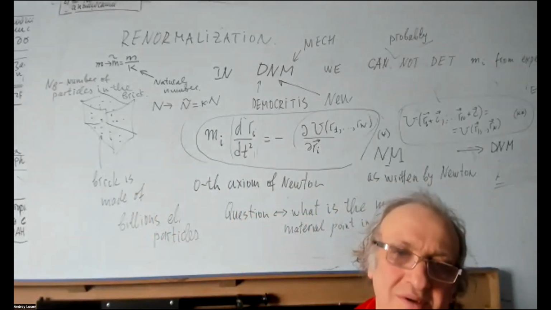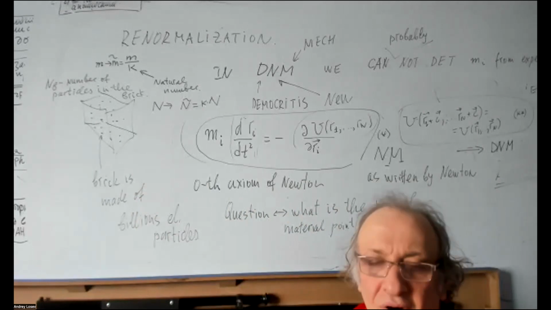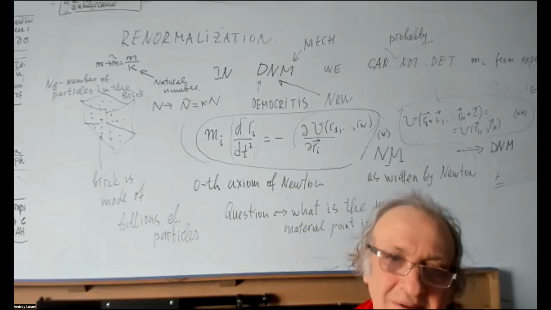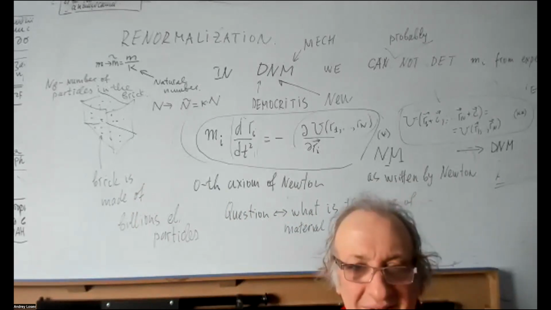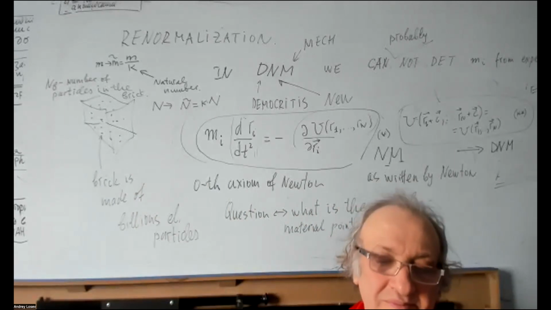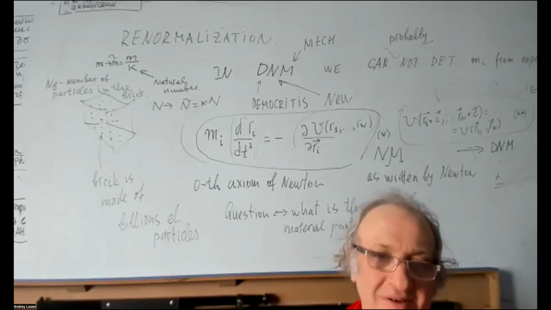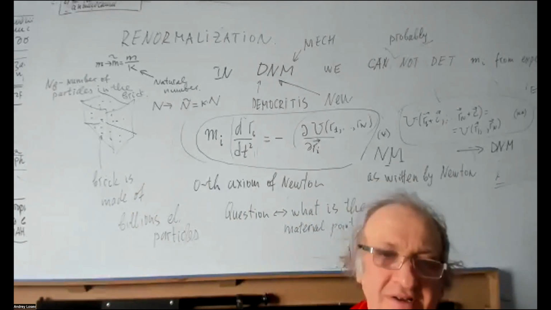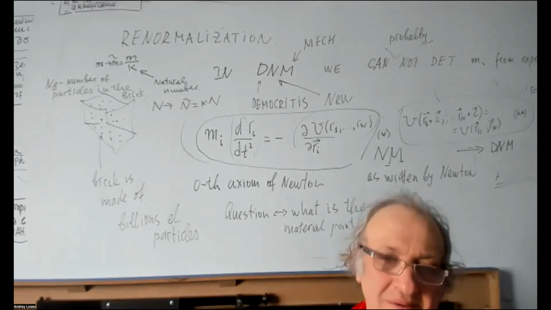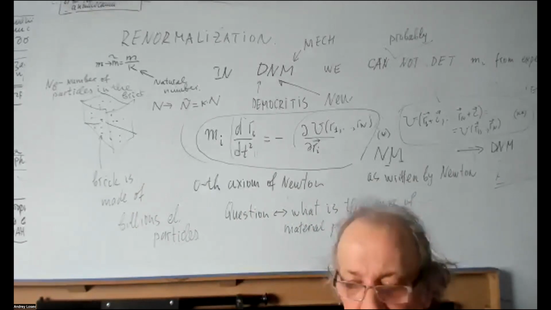How can I do it? How can I see this particular particle? My devices that I use in observation could be not precise enough to see this small particle that is taken out of the brick. So they may be like this.